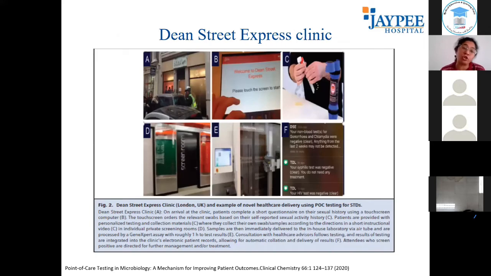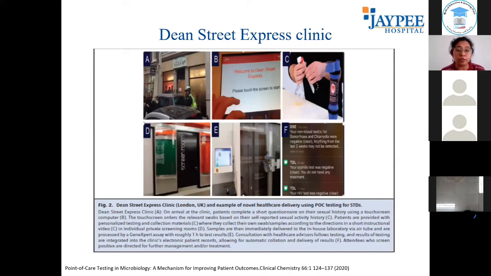This is a lab called the Dean Street Express Clinic. It's based out of London in the UK, and it's an almost fully automated lab, wherein the patient walks in and completes a short questionnaire giving the history on the touch screen, and the touch screen orders the relevant swab which has to be taken. The patient does a self sampling, and the instrument again gives him orders on what he is supposed to do.